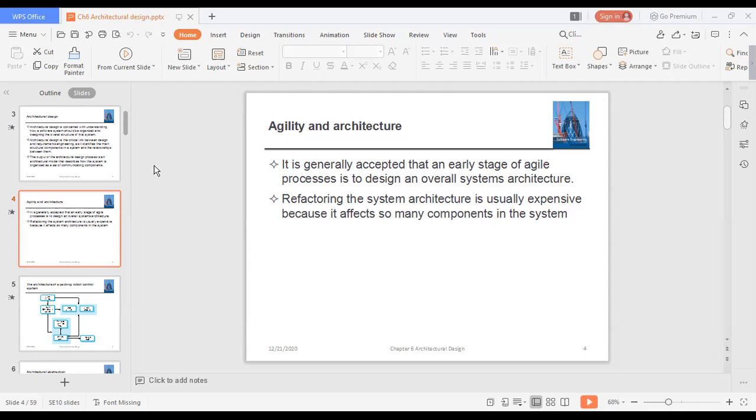And definitely we refactor the code so that it should be self-explanatory. But here we are saying refactoring of the code is comparatively easier and cheaper than refactoring the design.